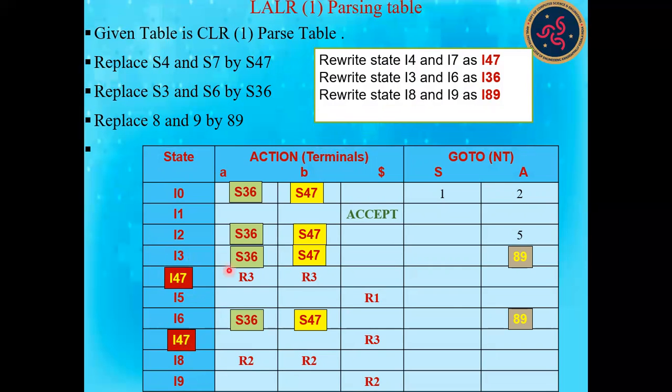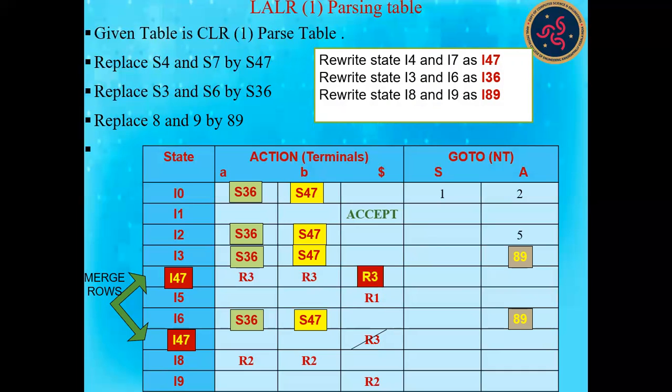So these are the two rows, and I need to merge them. We should be careful: while merging these rows, we can't lose any information. Here R3 is there, and we can add this R3 information to this particular place, that is the I47 row.